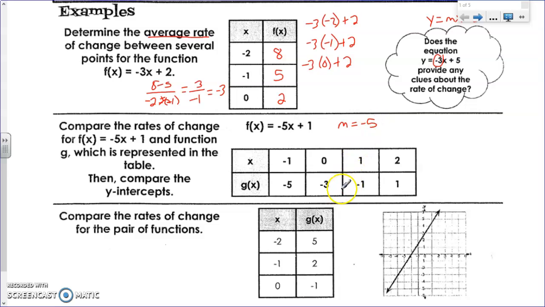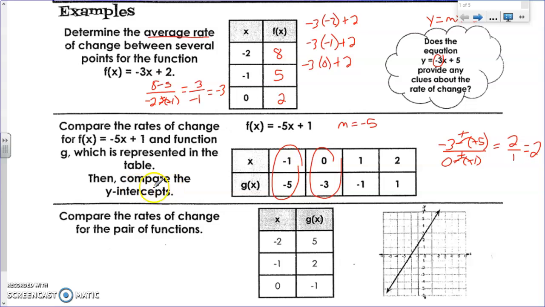If we pull some points out of here, we're going to use these 2 points. So this is our y, this is our x. So we have negative 3 minus a negative 5. So since I started with negative 3, remember I have to start with 0. 0 minus negative 1. Negative 3 plus 5 is 2. 0 plus 1 is 1. So my slope is 2.